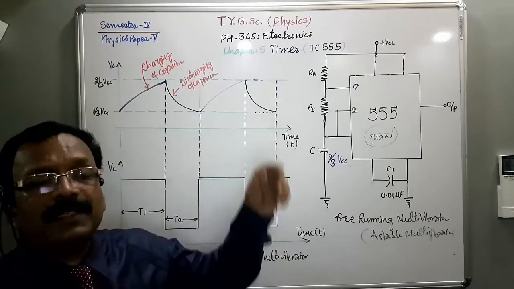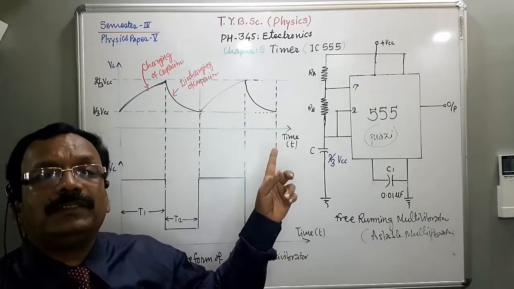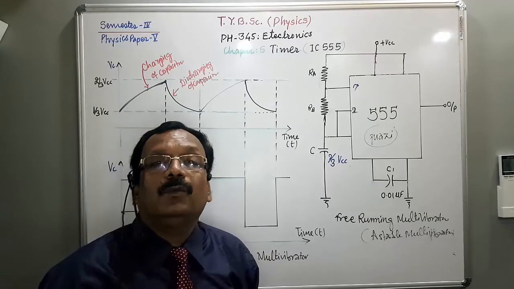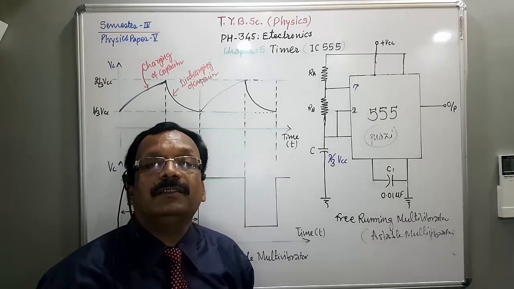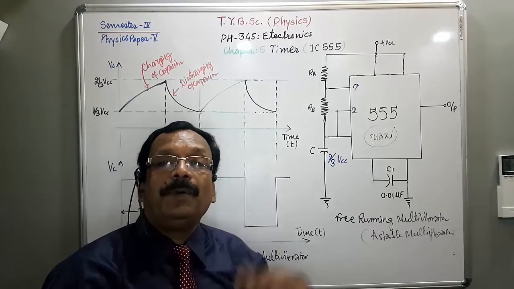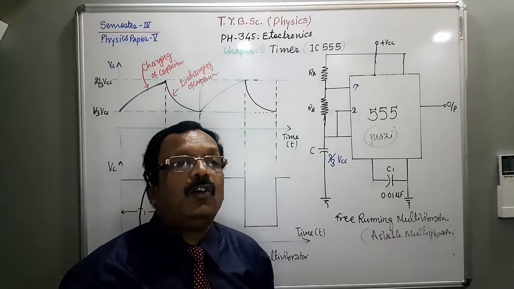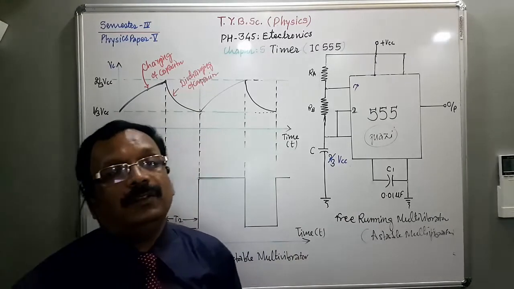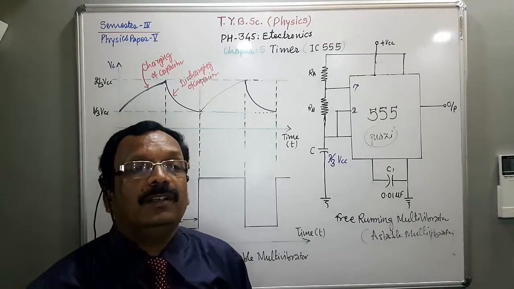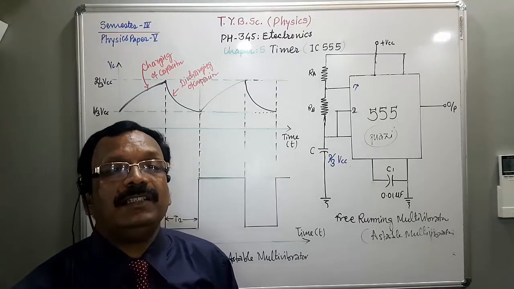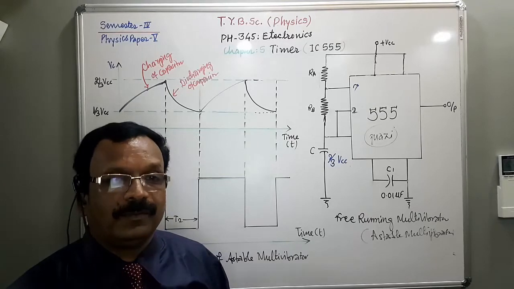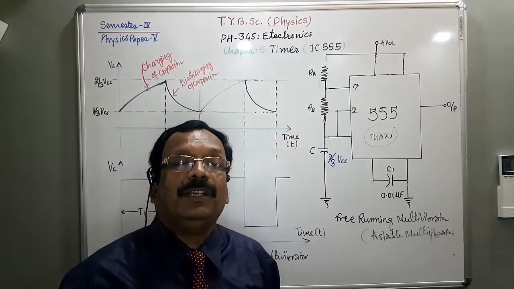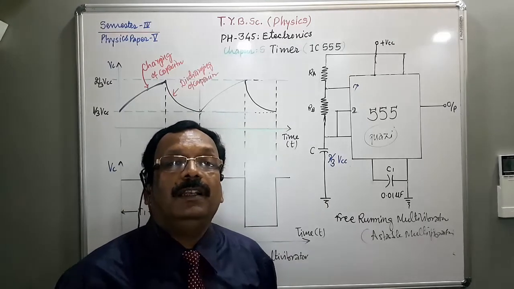The threshold voltage at pin number 6 drives comparator 1, that is the upper comparator, and the output goes low. The discharge transistor is on, which we studied in the pin configuration and block diagram.